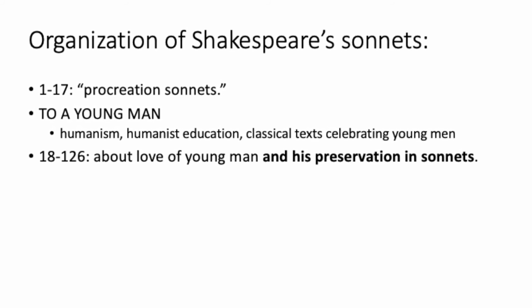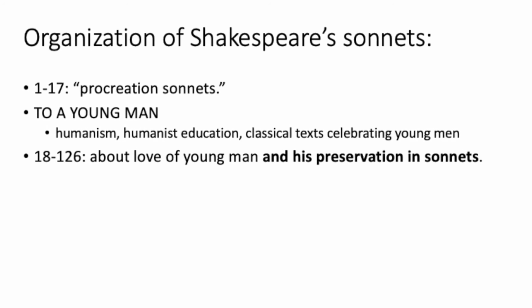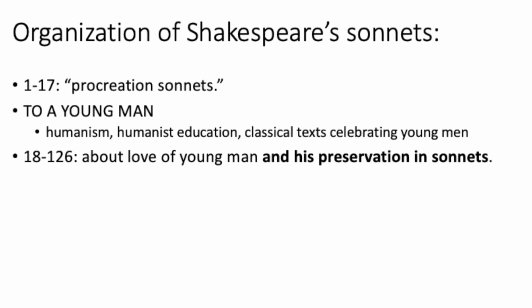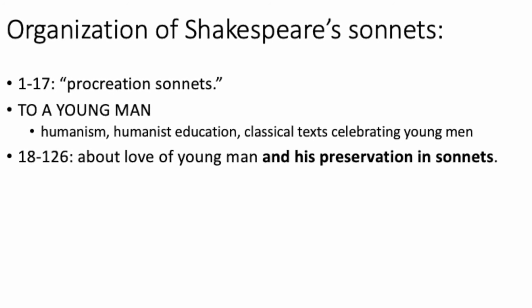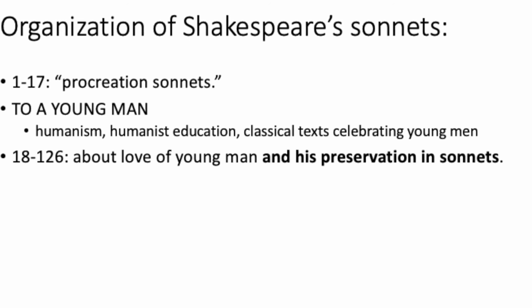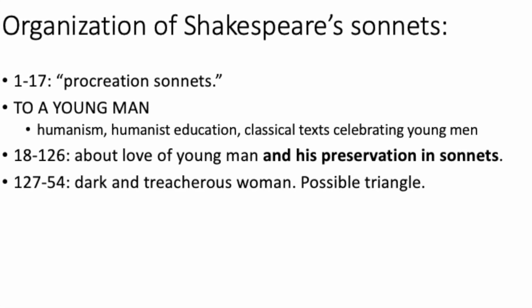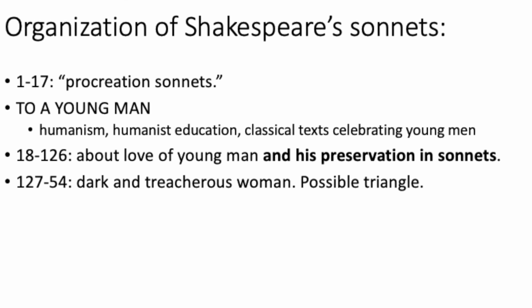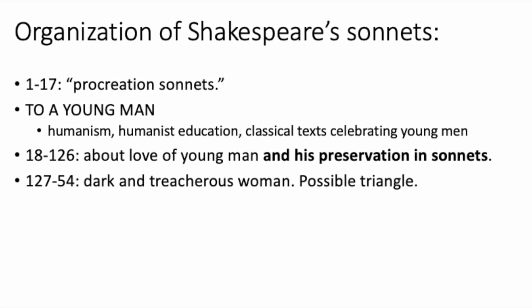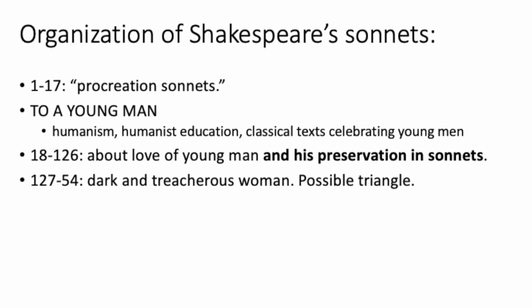They concern again Shakespeare's love and admiration for the young man, but they also concern the preservation of the young man through Shakespeare's sonnets. The final group of poems in the cycle concern a dark and treacherous woman. They may indicate the presence of a love triangle between Shakespeare, the lady, and the young man.